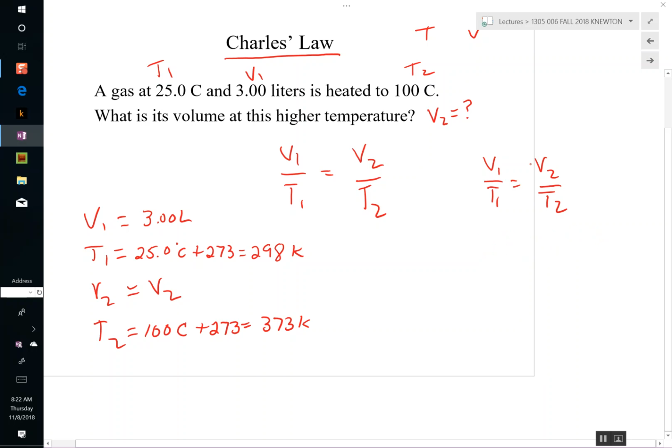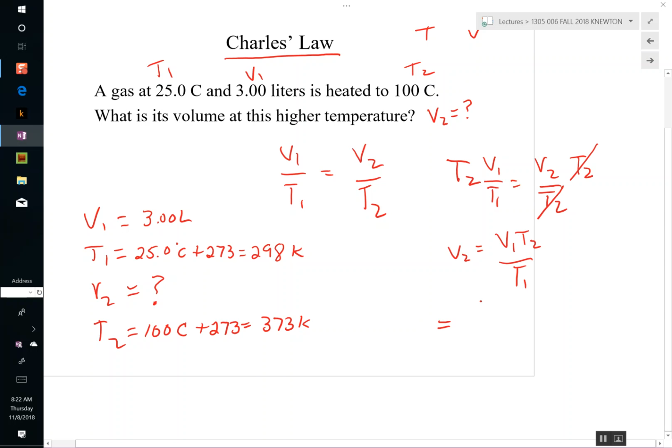V2 is my unknown. I want a question mark right there. I want to get it by itself. So I'm going to multiply both sides of that equation by T2. And I get V2 equals V1 T2 divided by T1.